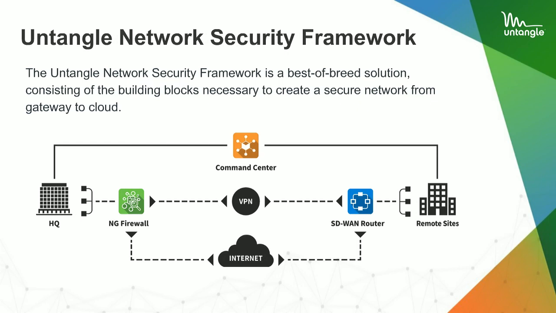You can see quickly with the diagram that we have features and solutions available to connect you not only to the cloud, but also to branch offices, or if you are a branch office, connecting back to an HQ. It also gives you the ability and exposure to be able to see what's going on with all of your connectivity, whether it's to the cloud or whether it's to internal systems.